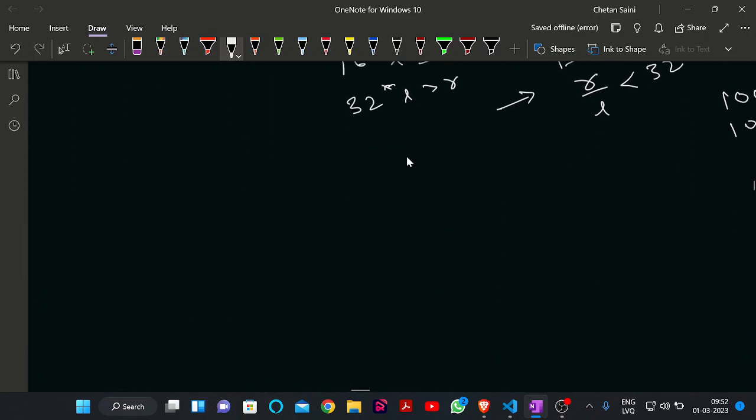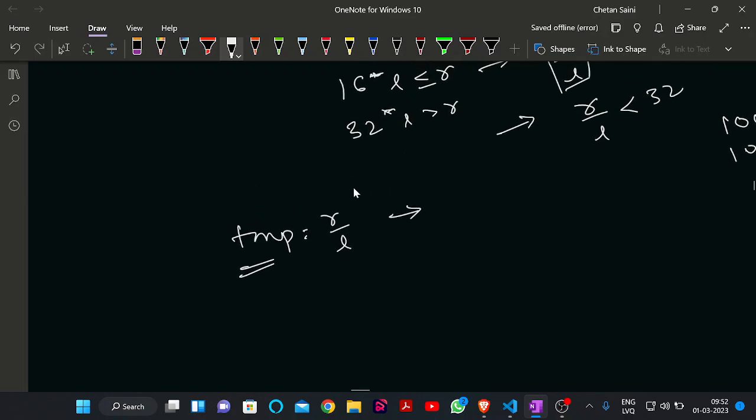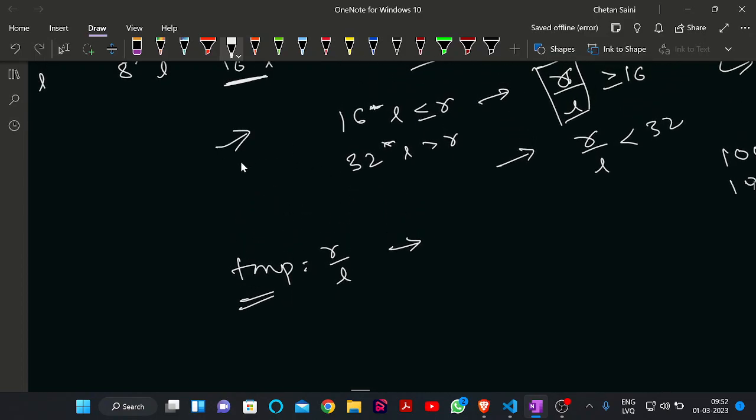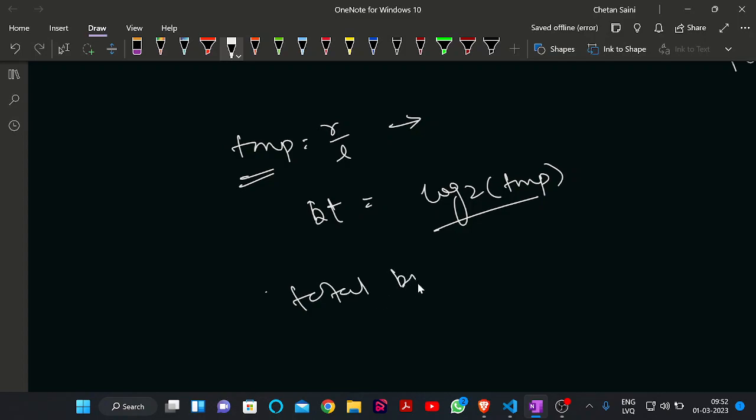So what I will do is calculate our term, that is R upon L. This is a number between 16 to 32. So for this particular example, I will calculate the total bits in that number. That will be log 2 of the term, call it bt, and the total bits will be bt plus 1.